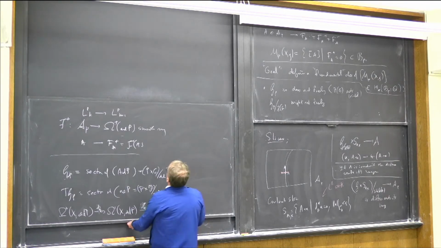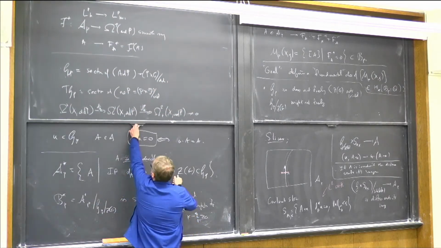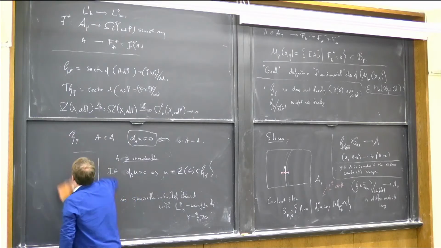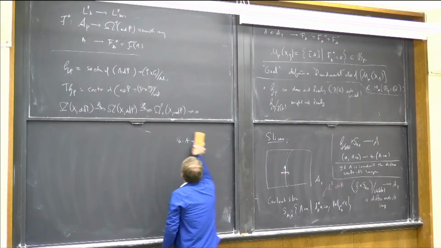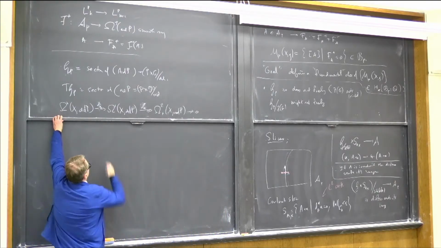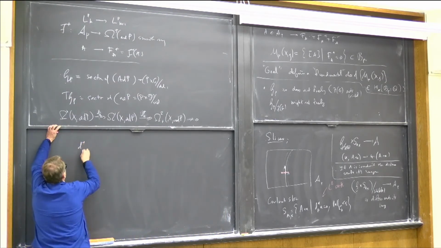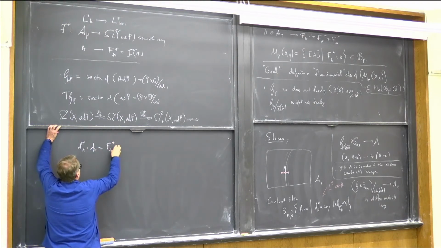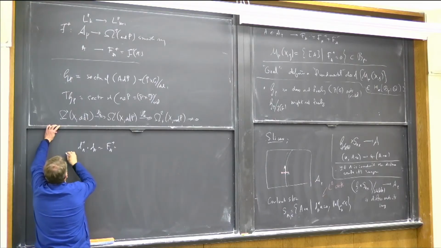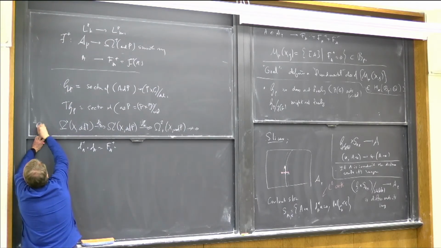So the observation is that I've got these operators, and d plus composed with d_A, that's F plus of A. So let's call this C_A.